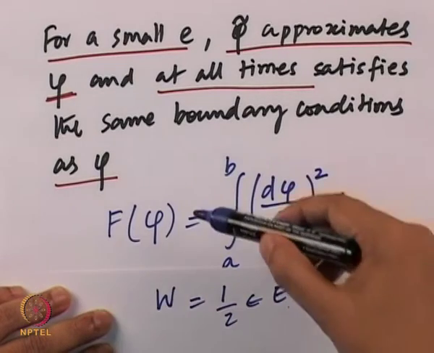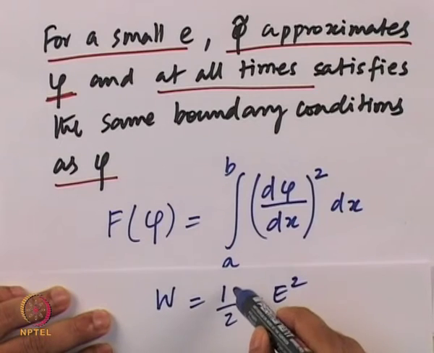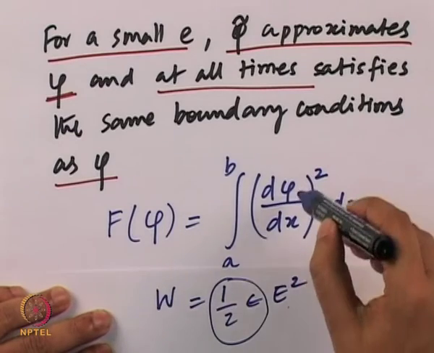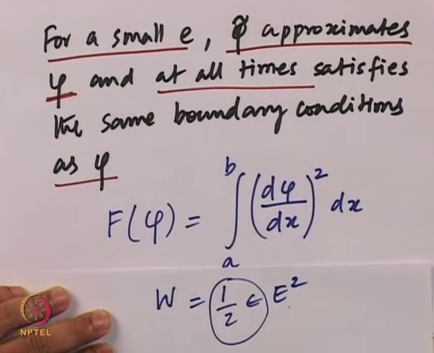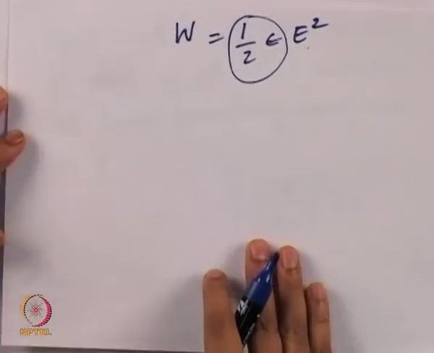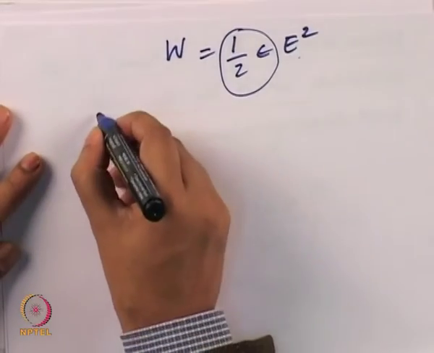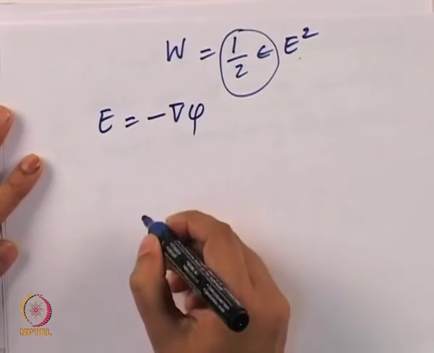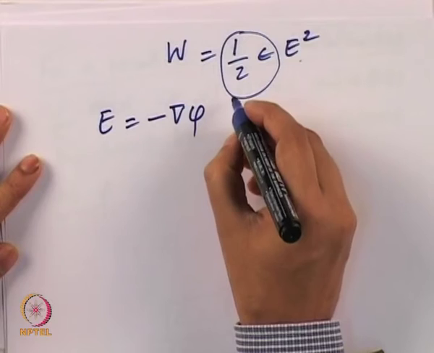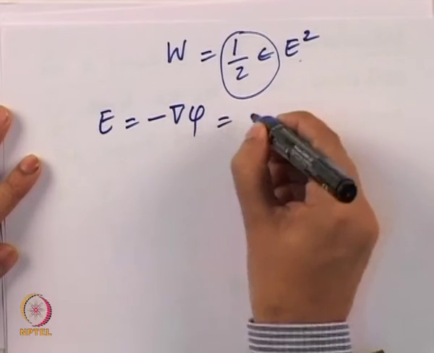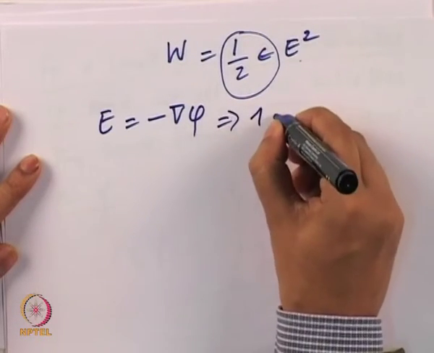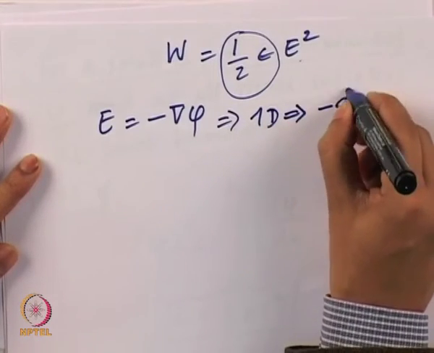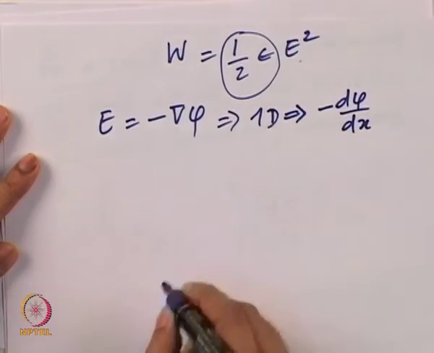And if you compare these two equations, of course the scaling factor is missing. Other than that, these equations are very similar, because we can write E as minus gradient of phi, and in one dimension, for 1D, this is nothing but minus d phi by dx.